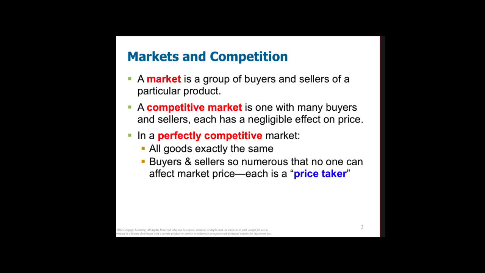Okay? In our perfectly competitive market, there are so many buyers and sellers that no one can impact market price. There are thousands and thousands of buyers and sellers, and nobody gets to shift market price for all of these goods that are exactly the same.